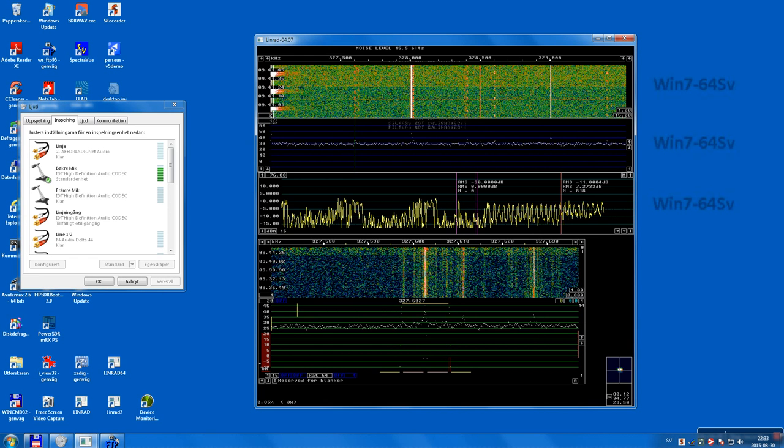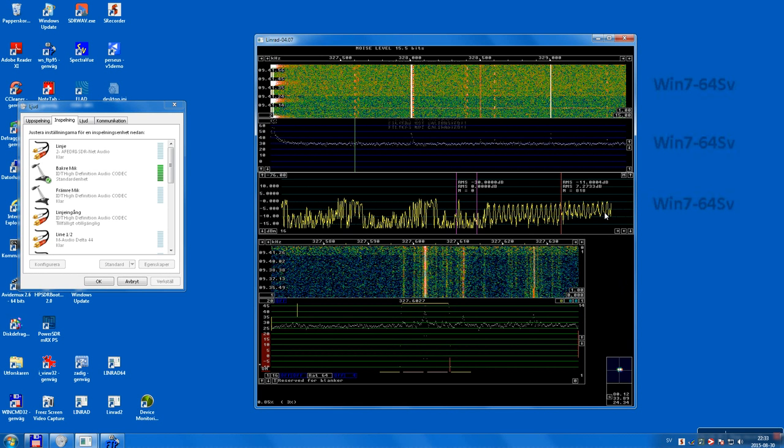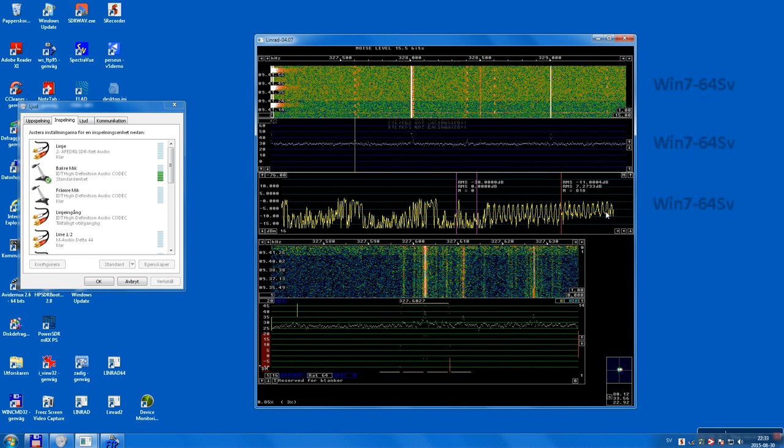And we should have got now F10 to see the mouse. Now the noise floor is 3 dB higher, and it's not possible anymore to copy the signal.